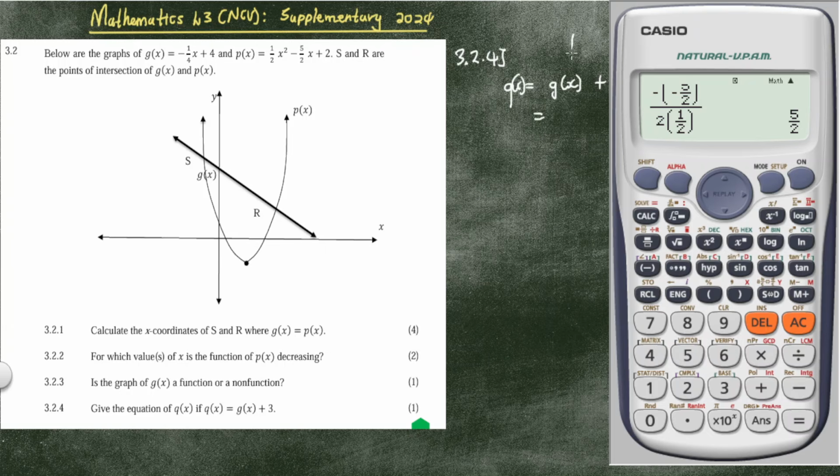What you're going to do is take g of x and substitute it, which is 1 over 4 x plus 4, then you add this 3. What is 4 plus 3? That's 7. So it's going to be plus 7. This is q of x.